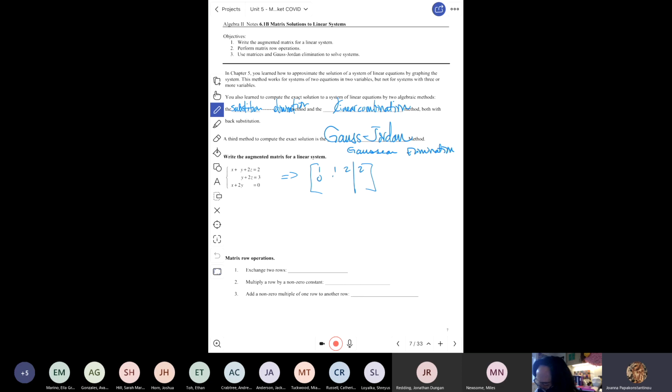Excellent. Fantastic. And the third row? Excellent. Now, there's your augmented matrix for this system. Now, I'm not going to give you the spacing all the time, and I may not give it to you in standard form. So you've got to be careful. All right. Now, what is the order of this matrix? It is a 3 by 4. Remember, it's the number of rows by the number of columns.